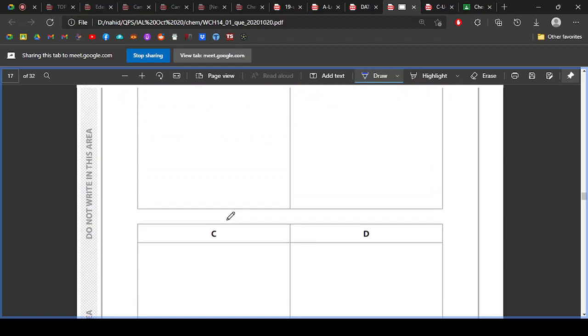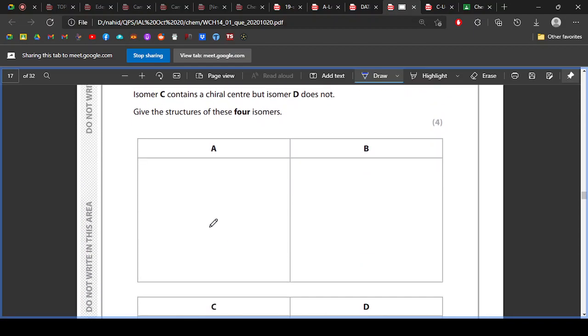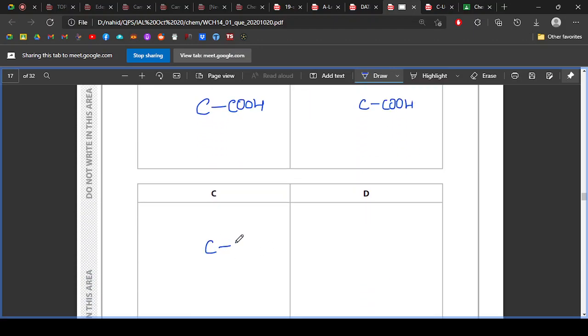Okay, so let's draw with A. For A, B, C, D, we know they're all carboxylic acids. So they all have a COOH group somewhere. I can just draw that directly first.